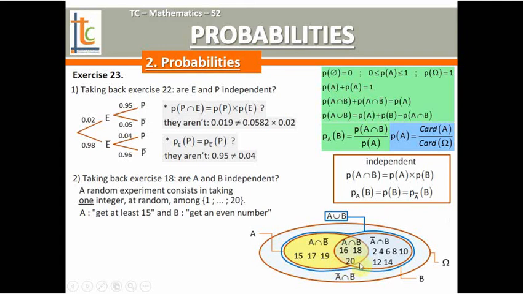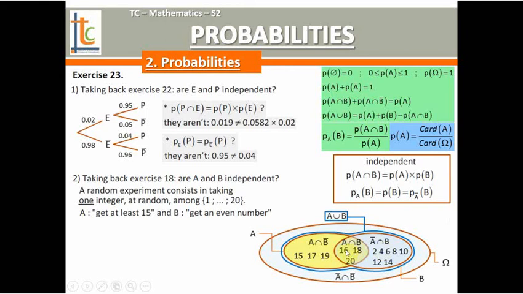Okay, so you've got the set of at least 15. That is 15, 17, 19, 16, 18, 20. And so that's A. And B represents the set of the even numbers. So 2, 4, 6, 8, 10, 12, 14, 16, 18, 20. And of course, the three last belong to A and B at the same time.